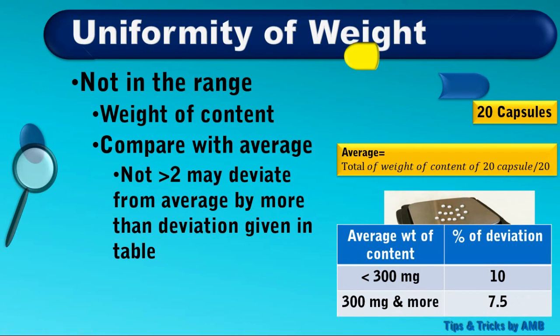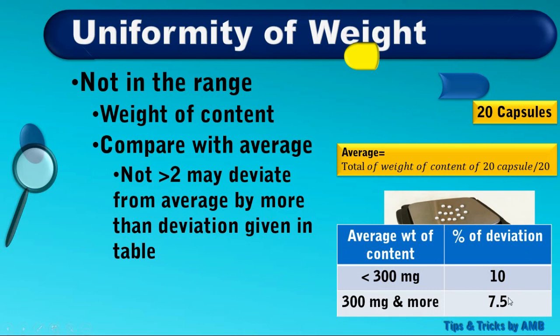So if the average weight of content is less than 300 mg, the percent deviation is 10% plus and minus. So if a 100 mg dose is there, the percent deviation is 10%, meaning 10 less than 100 and 10 more than 100, that is minimum 90 mg and maximum 110 mg can be considered.